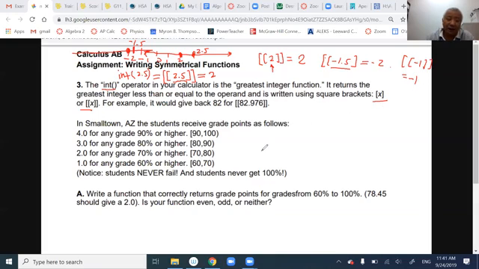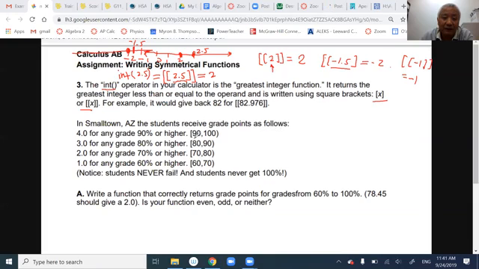Okay? So after you understand the meaning of the greatest integer function, we try to do this. They said that in a small town in Arizona, the students receive grade points as follows.